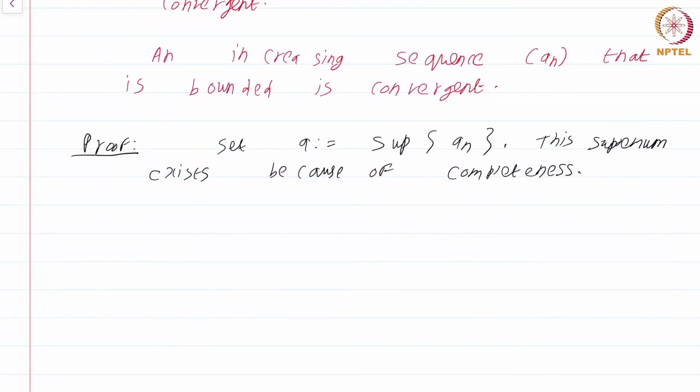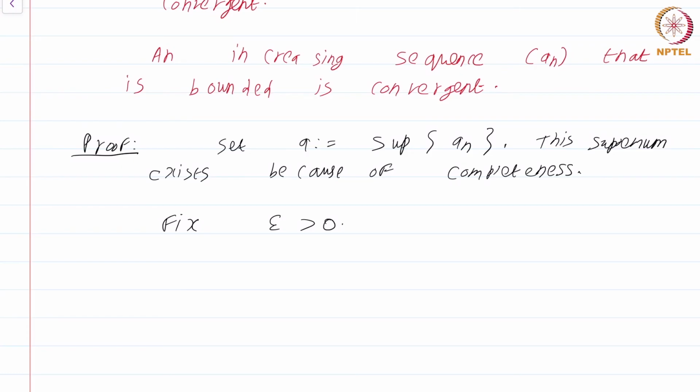Now our candidate for the limit is obviously going to be the supremum. It is the least element such that no element in the sequence A_n exceeds it. So it's a very nice candidate for the choice of limit. Fix epsilon greater than 0. Now recall the equivalent characterization of supremum: for each such epsilon, there is always an element in the set which is epsilon close to the supremum.